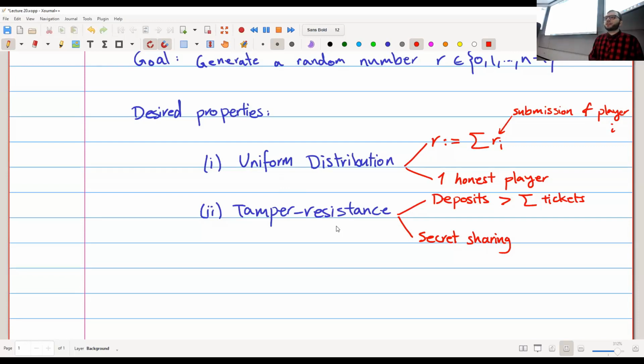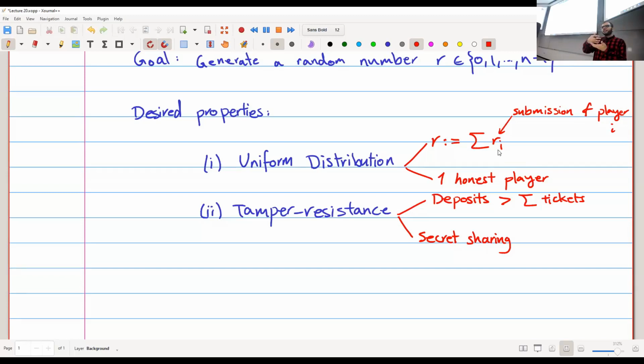So remember, the idea was that if I do a secret sharing with parameter T, it means that any T of the other players can come together and open the secrets, right? So it means that I should have at least T honest players who would open my secret RI if I don't reveal it myself. But then on the other hand, any T of the players could come together and open a secret at any time, including before the reveal phase.